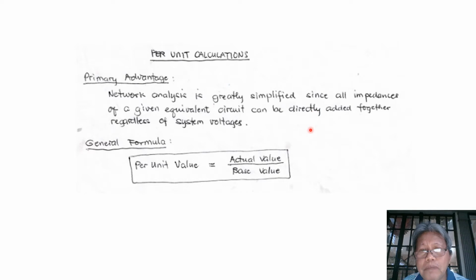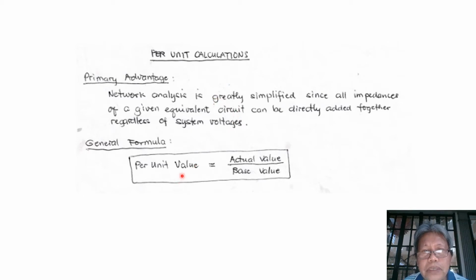So these different voltage levels, since each voltage level is a separate circuit, would make it very difficult to analyze a power system if we have to consider the different voltages. So the tool that has been devised to address this difficulty of encountering several voltage levels is to use the per unit calculations.